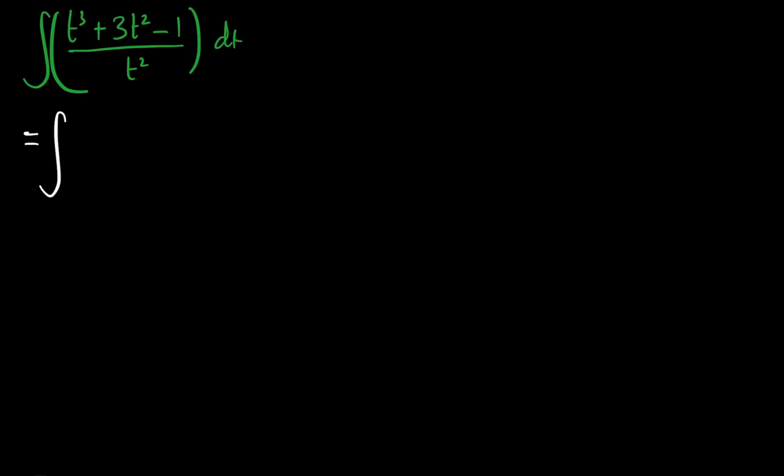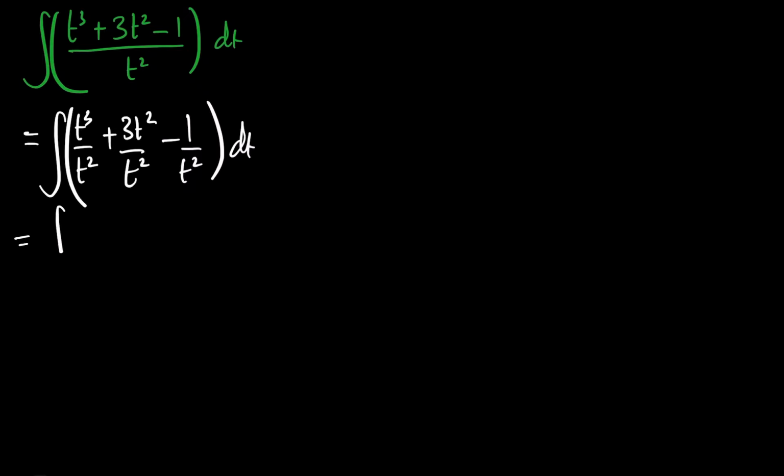Now imagine that we are given an integral with the integrand t cubed plus 3t squared minus 1 divided by t squared, all dt. Now, we always say that let's simplify. So to simplify, we're going to get t cubed divided by t squared plus 3t squared over t squared minus 1 over t squared, all dt.